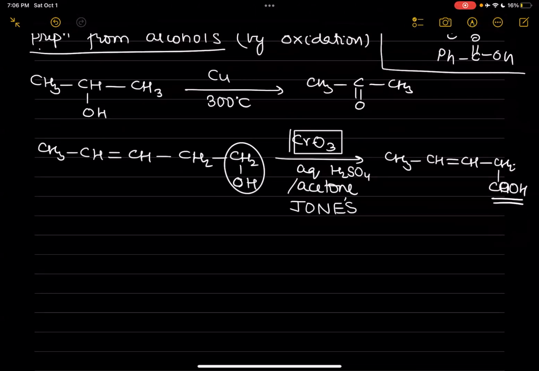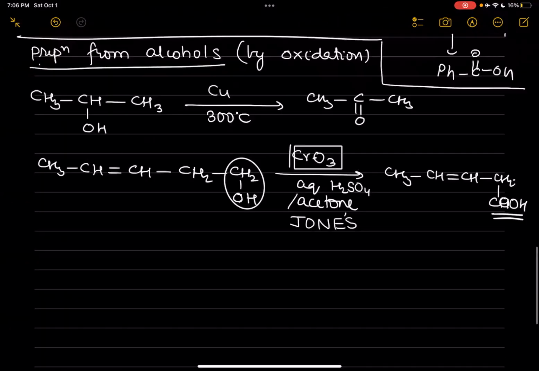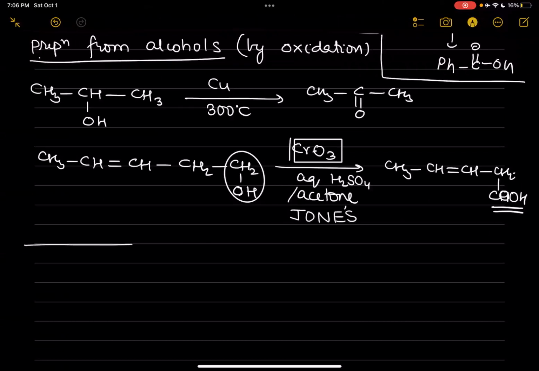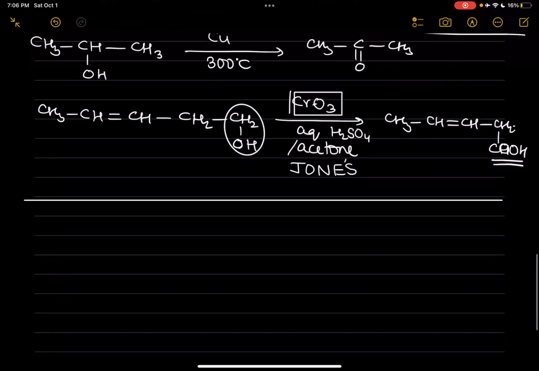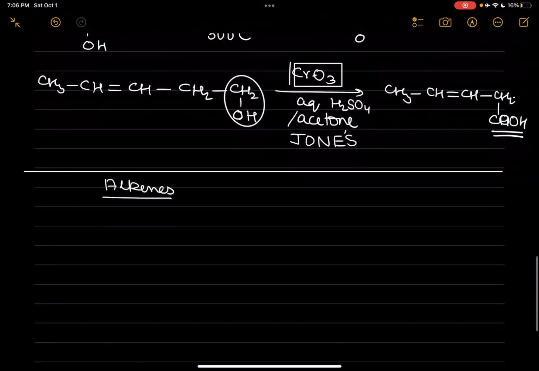Other ones are the PCC that we have, and the copper red hot tube that we have already discussed. So alkenes you can convert to aldehydes and ketones. Suppose you want to oxidize alkenes, you can break them.